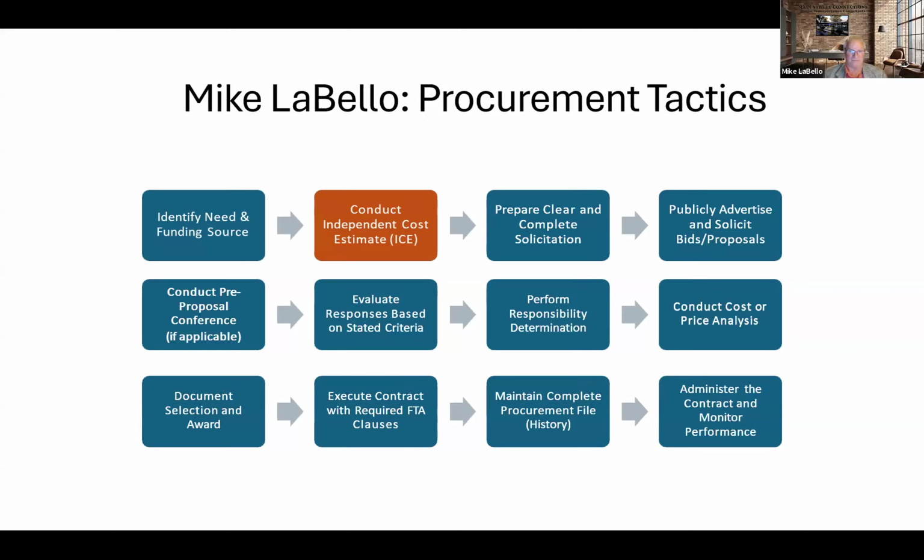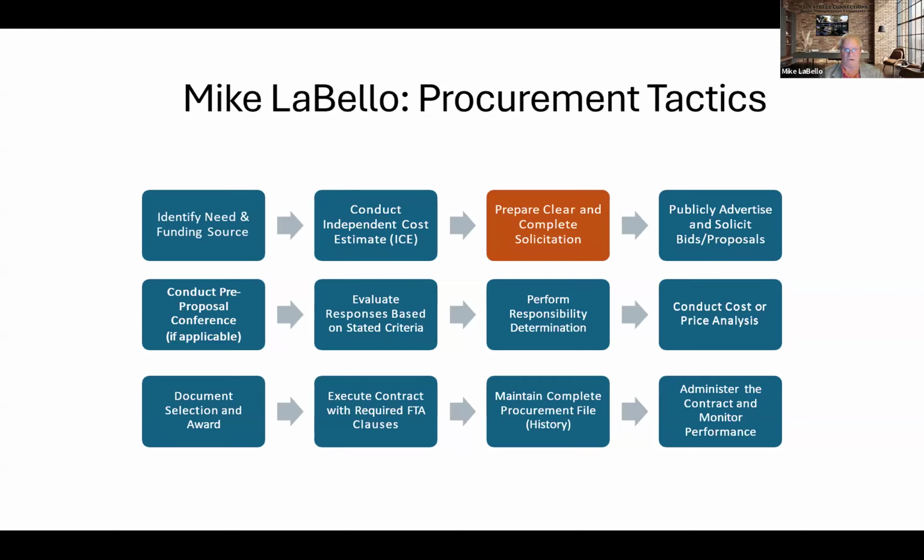The next step is preparing a clear and complete solicitation. Here you're going to choose your procurement method. You might choose an invitation for bid. It might be a request for proposals or a piggyback. Now, what type of method are you going to use for this particular solicitation? As you're writing the solicitation, you want to avoid limiting competition.